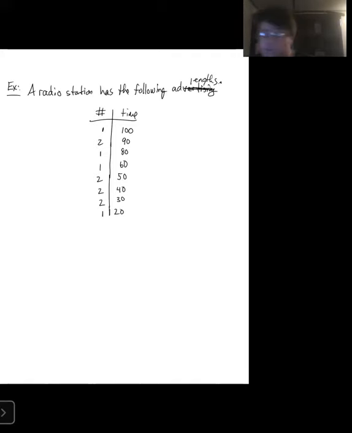So it has all of these lengths, and the radio station says, where should I write it? I don't have much room here.